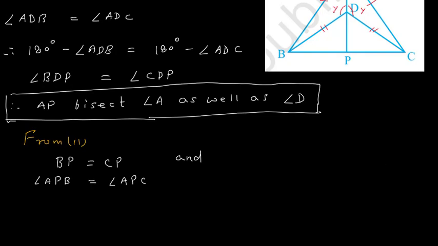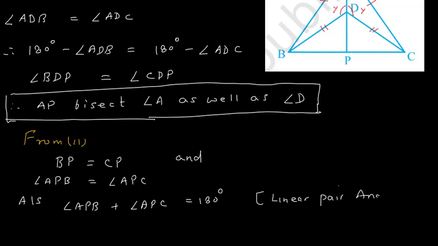Also angle APB plus angle APC is equal to 180 degrees because they are linear pair angles. So the sum of two angles is 180 degrees and each angle is equal. So therefore you can say that angle APB is equal to angle APC is equal to half of 180, which is 90 degrees.